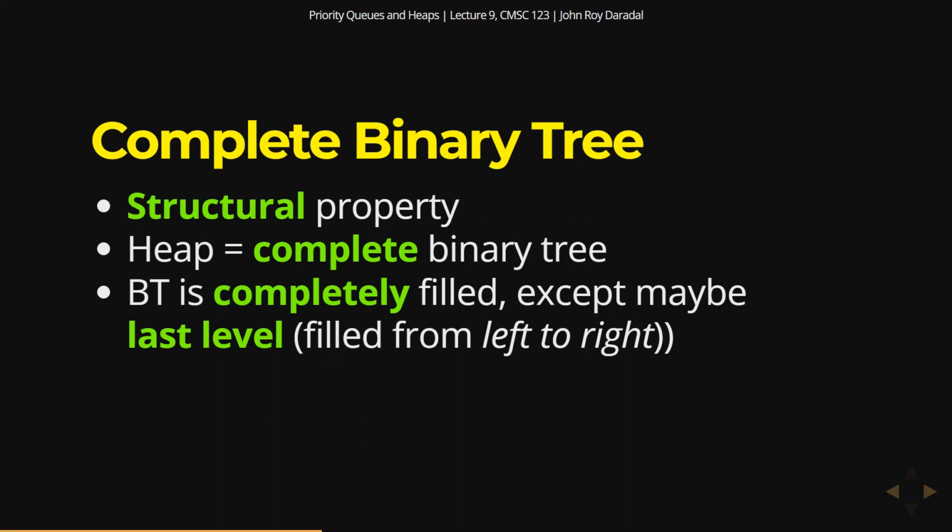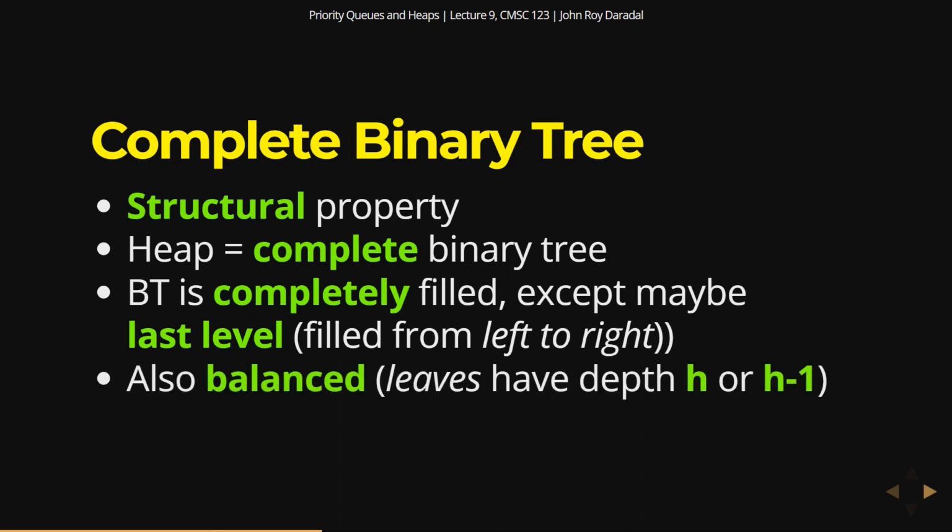Okay, so there must be no holes in between. It should be filled from left to right. Okay, automatically all complete binary trees are also balanced, or the leaves should be at depth h, the last level, or h minus 1, which is the second to the last level.